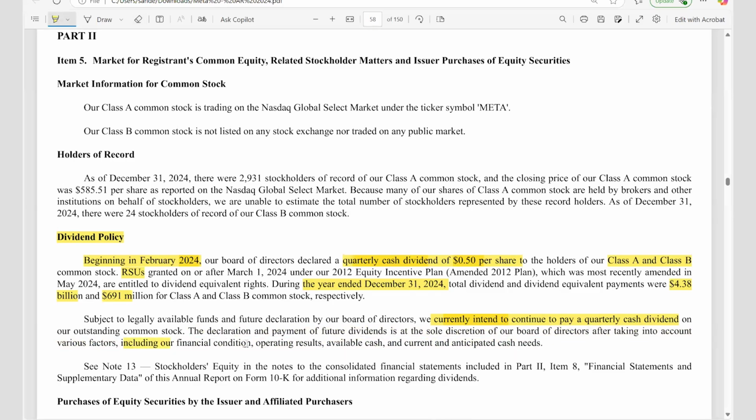Including financial condition, operating results, available cash, and current and anticipated cash needs. If you have excess cash, then only you will pay, in short. So there is a good chance that they will pay dividend. But they say that they intend to pay dividend, so we can manage to do so. If you want to know more about it, keep searching on dividend.